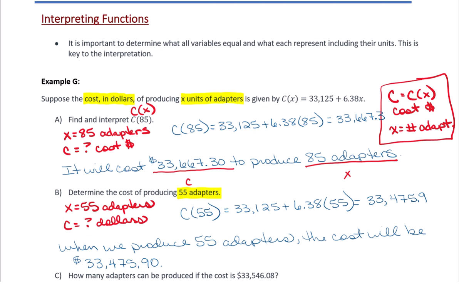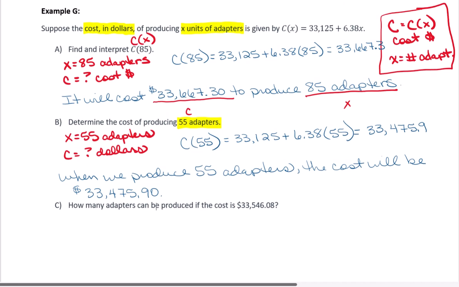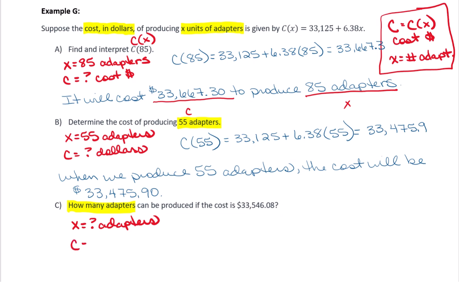Let's scroll down a little bit to look at what C is asking us. It says how many adapters can be produced if the cost is $33,546.08. So now they're asking us how many adapters. In other words, we don't know the value of x. But they're giving us the cost value of $33,546.08.